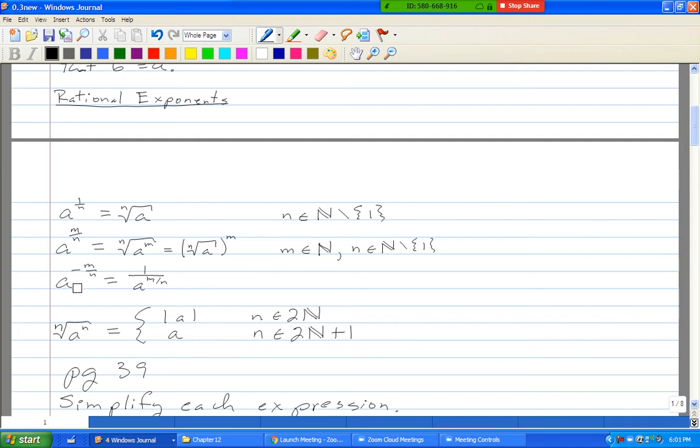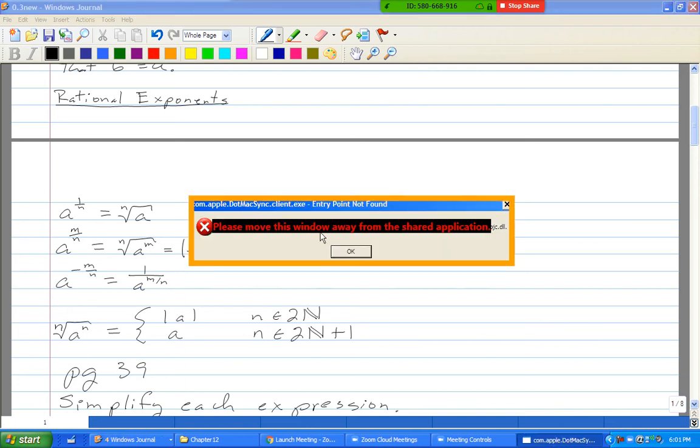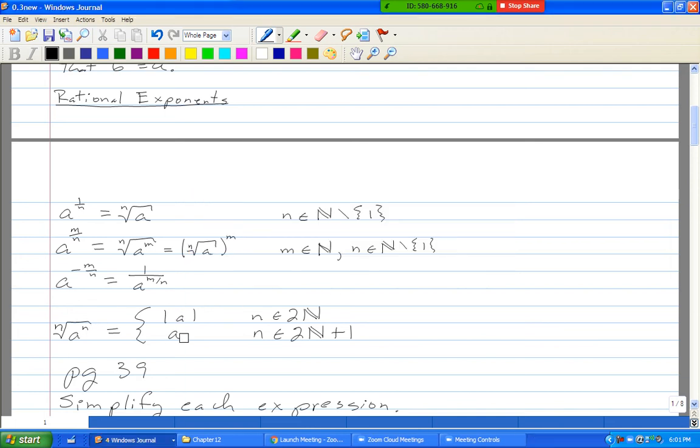As before, a to the power negative m over n is equal to 1 over a to the m over n. The nth root of a to the n will be the absolute value of a, so long as n is an even integer, and is equal to a if n is an odd integer greater than 1.